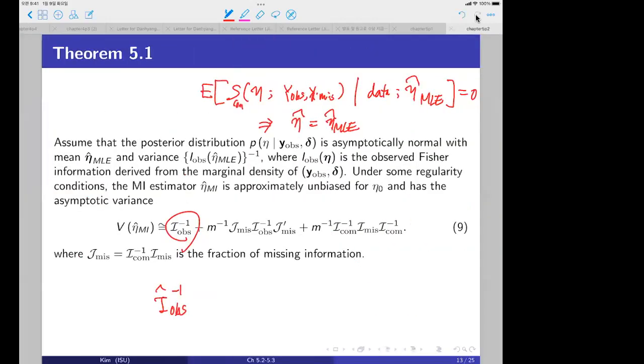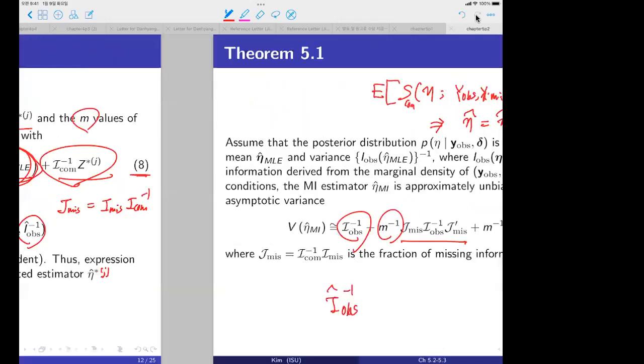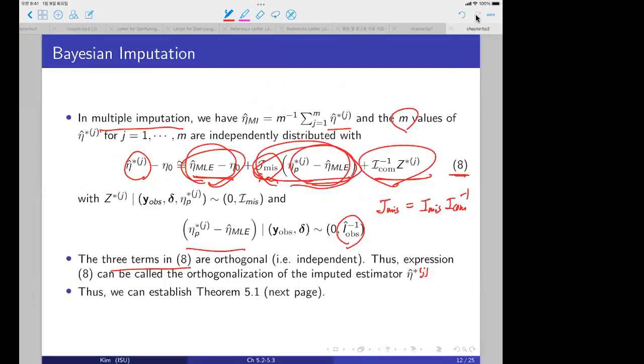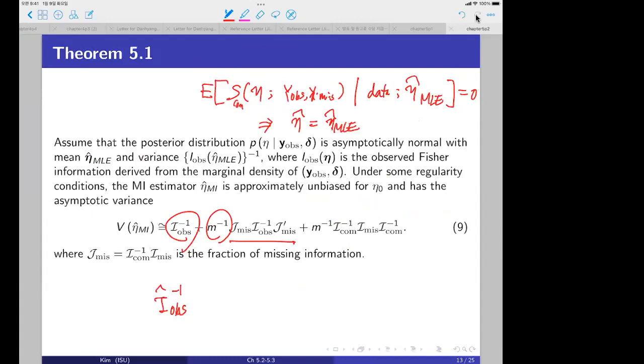And you have 1 over m because you have m independent draws. The third one is the same story, with the variance of the I miss. That gives the complete Theorem 5.1.